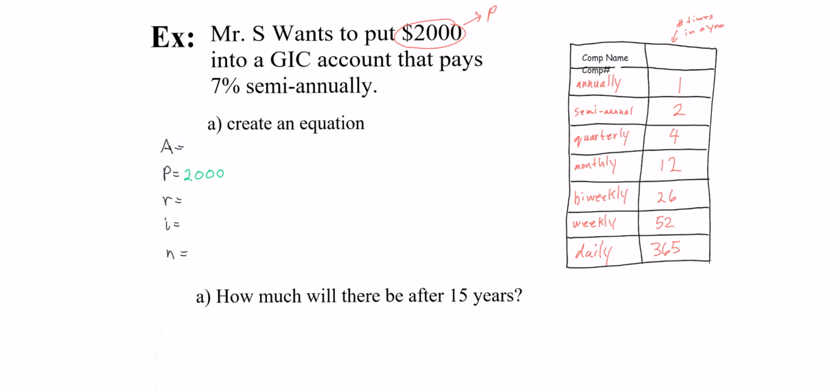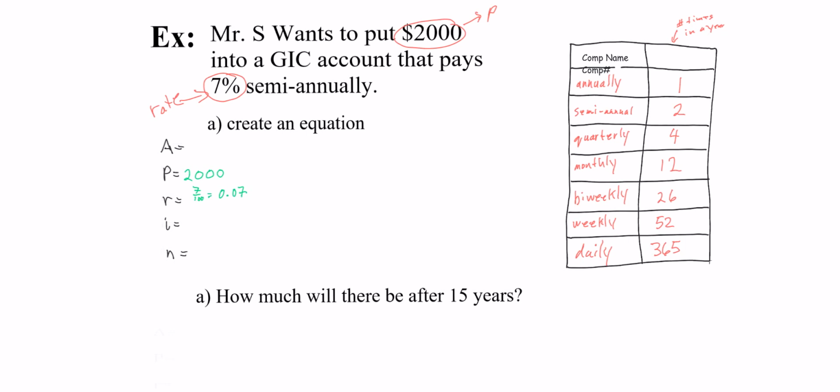The next thing we have to do is figure out what the rate is. The rate R is going to be calculated as, well, 7, I always do this. I write 7 over 100, and I use my calculator to find my actual decimal percentage.